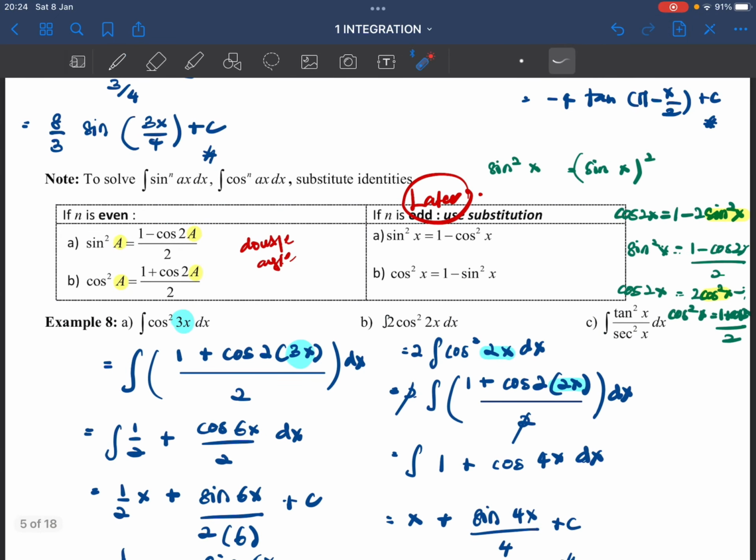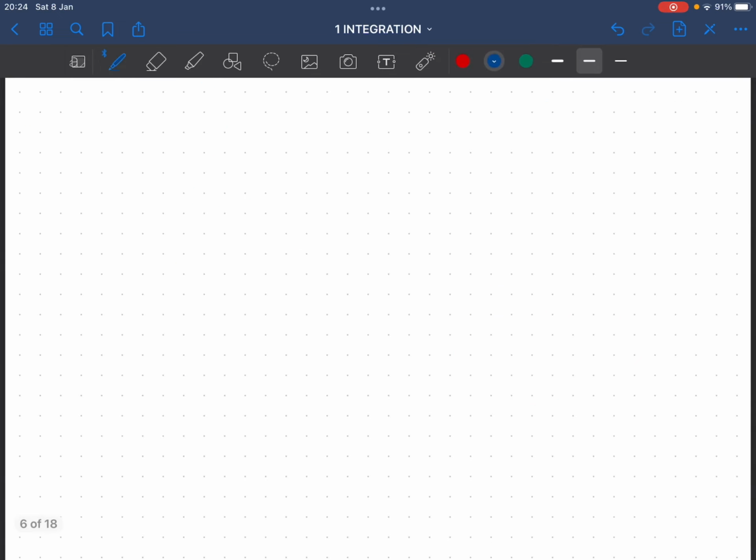We have tangent square x over secant square x. Integrate tangent square x over secant square x. If you can remember from semester 1, chapter 7, trigonometric, the first thing that you have to do is always simplify your trigonometric expression first.